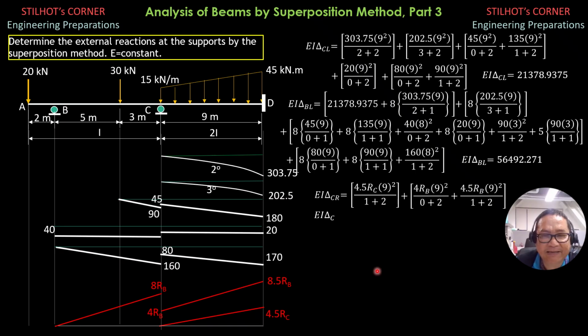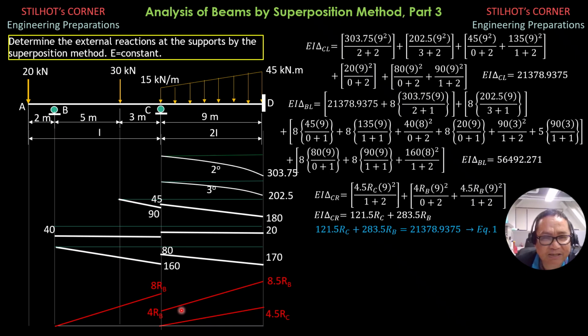We combined. It is EI delta C due to reaction at C is 121.5 R sub C plus 283.5 R sub B. So we can now set up the first equation, 121.5 RC plus 283.5 RB equals 21,378.93775. Call that equation 1.